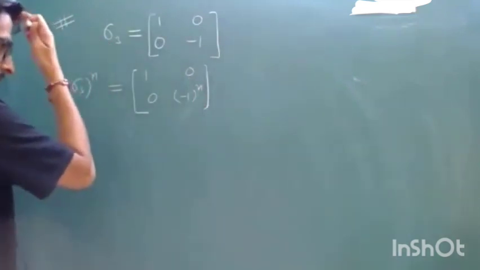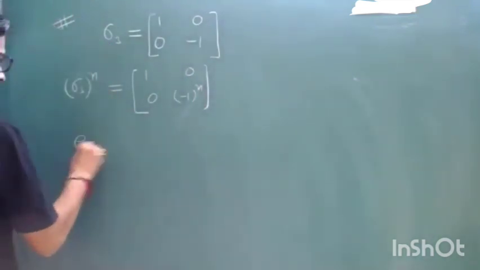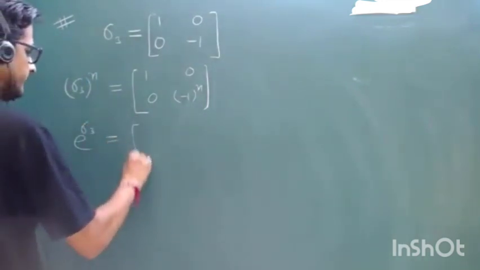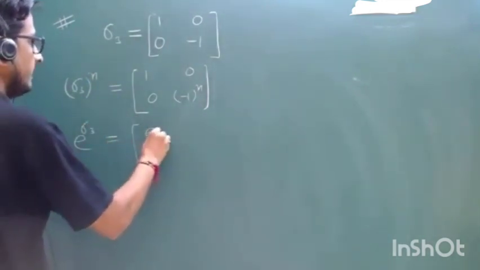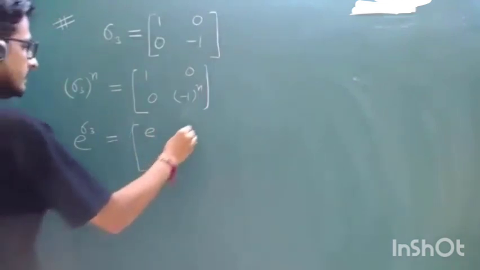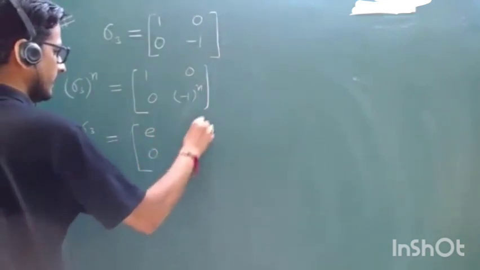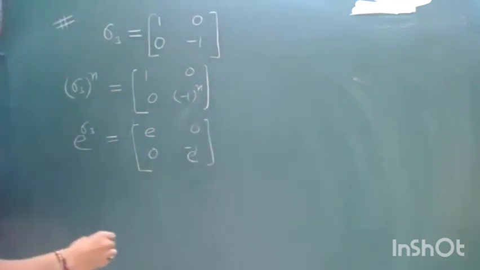Okay, and if I want to write e to the power sigma 3, it will become e 0 0 e to the power minus 1. Okay, correct?